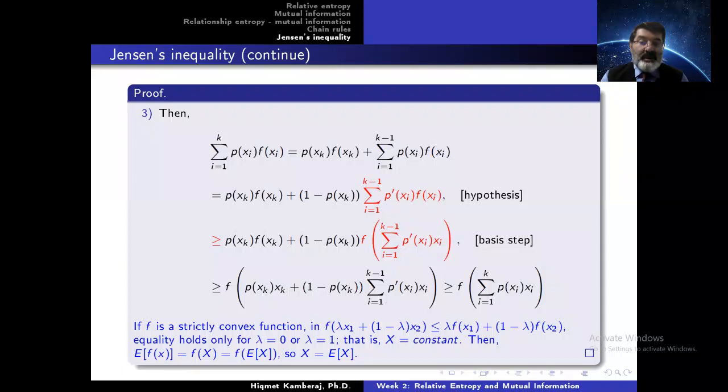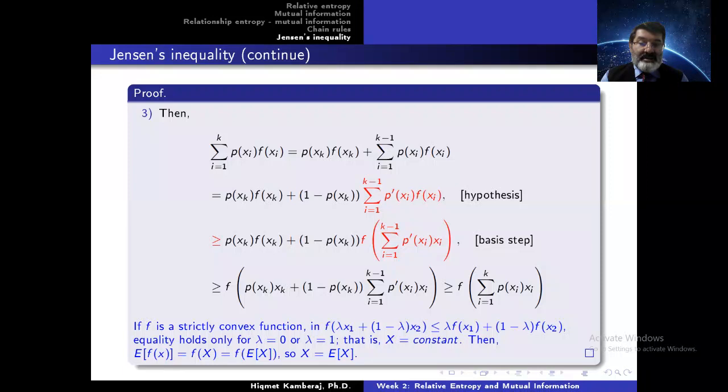But 1 minus p of xk does not depend on i, so I can bring it outside the sum. Then I'm left with the sum of i from 1 to k minus 1, p prime of xi, f of xi. Now I can use the so-called induction hypothesis. This means the case for a k minus 1 point mass distribution.